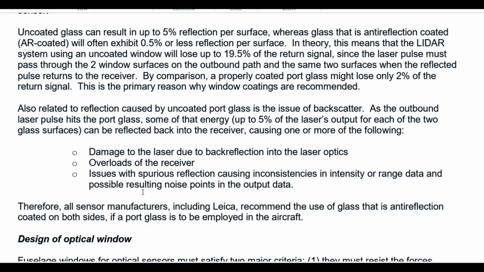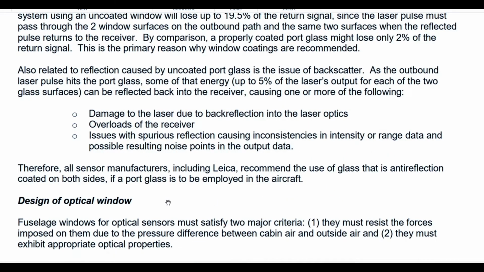We have seen inconsistency in the integrity of the range data. Therefore, all sensor manufacturers, including Leica, recommend using a glass that is anti-reflection coated on both sides, if a port glass is to be employed in the aircraft.